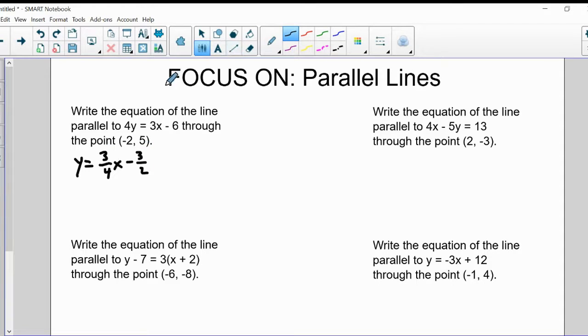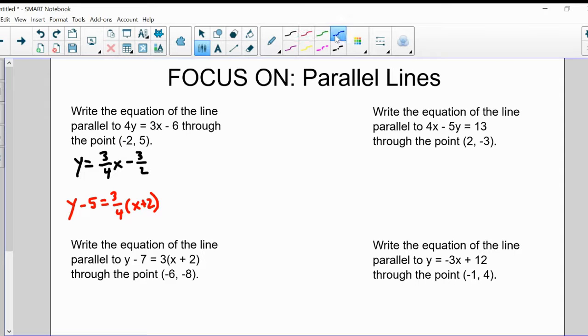Then I can take this slope and this point and plug it into point slope form, and I'm done. So y minus 5 equals 3/4 times x plus 2.